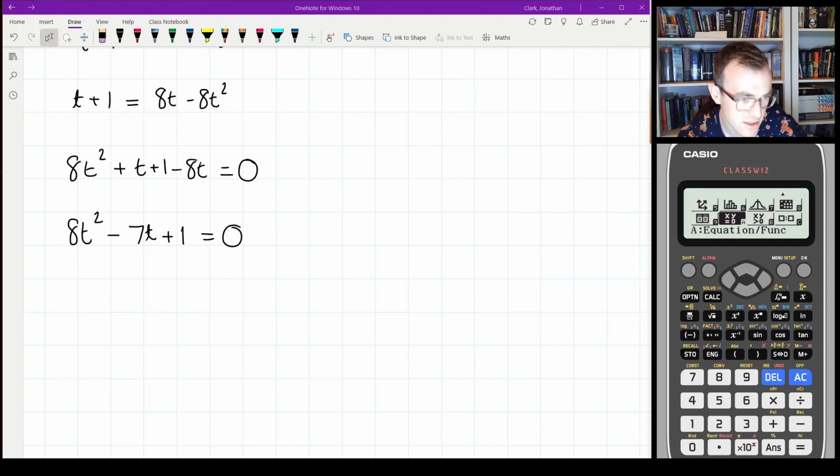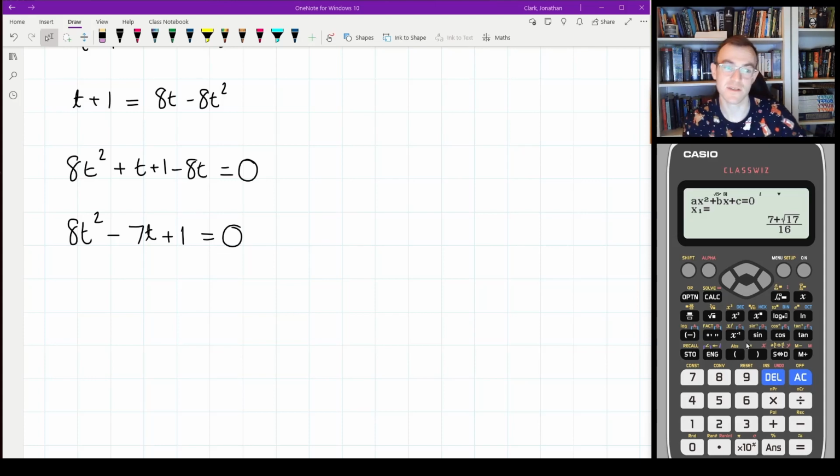Let's get our calculator back out then. I haven't used it for a little while. So it's going to be a polynomial, degree 2, and it's 8, minus 7 and 1. Yeah, okay, so it's not nice answers.